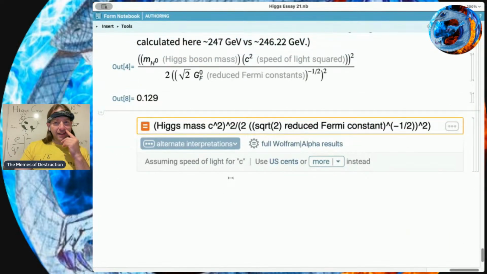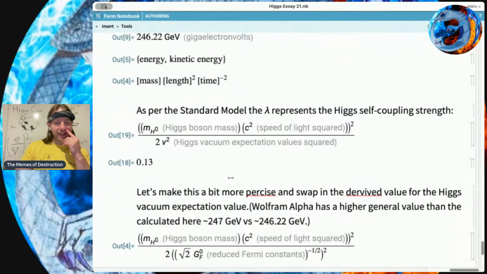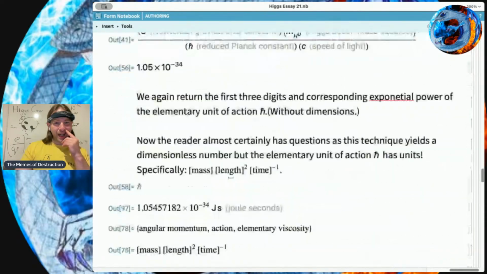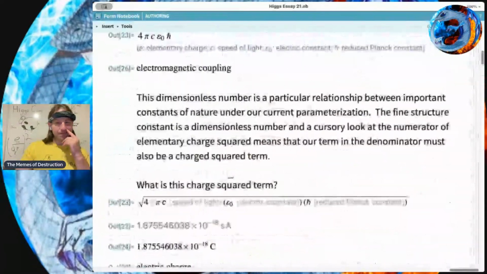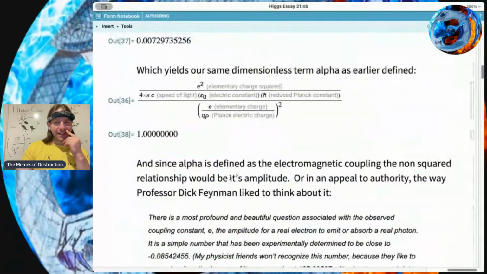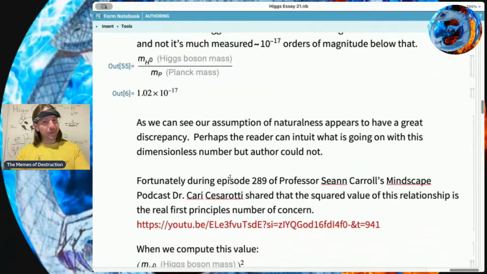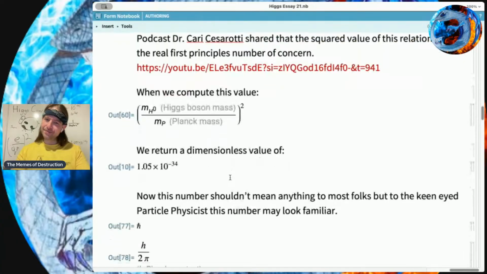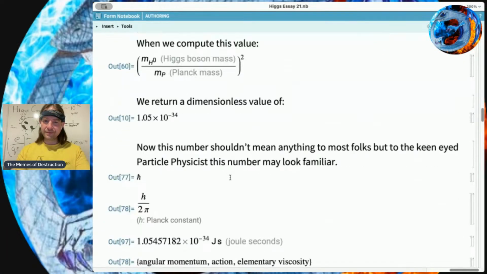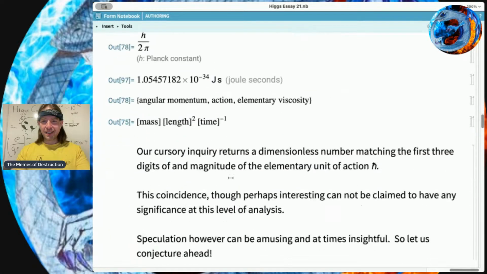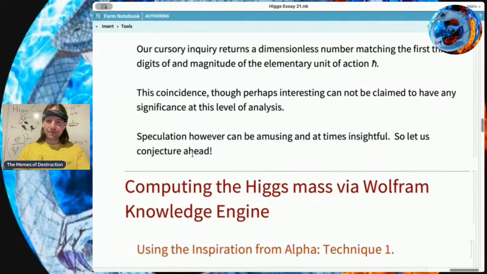All right. So if we have that value there, we're actually going to have to go through and calculate the Higgs using a little bit more information.